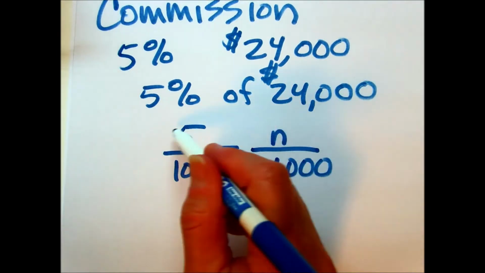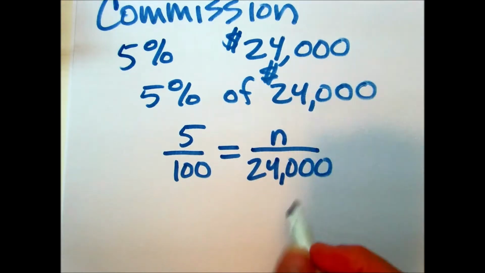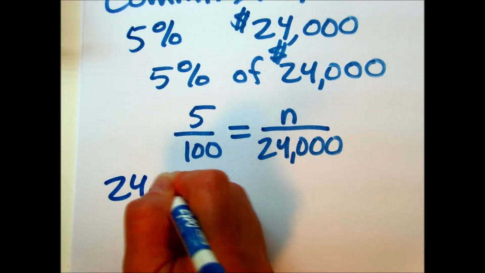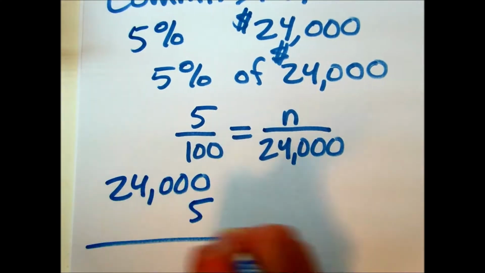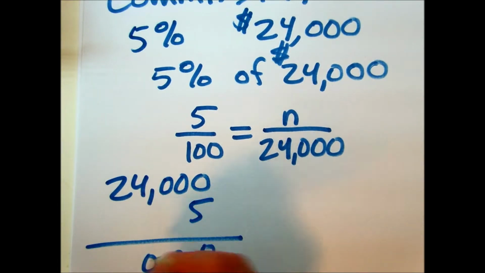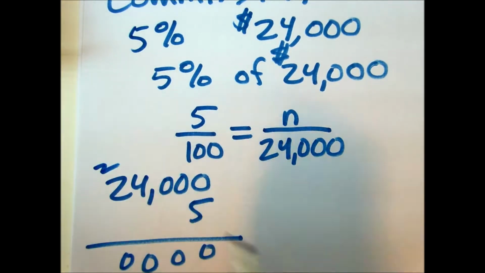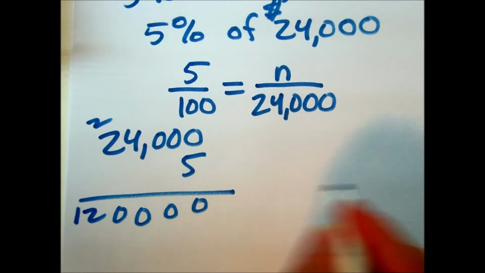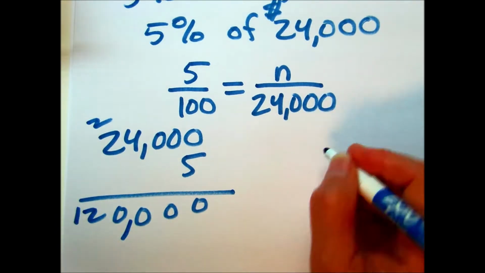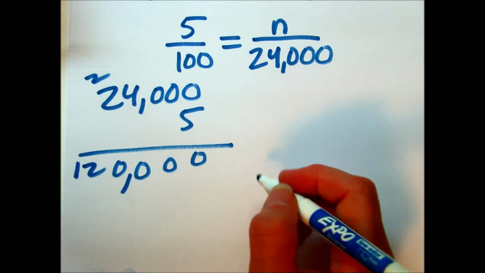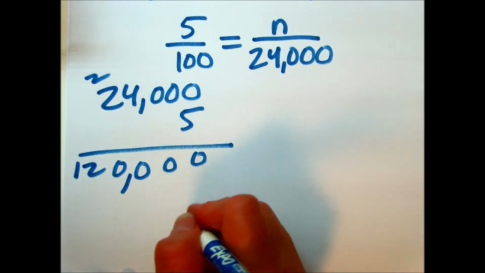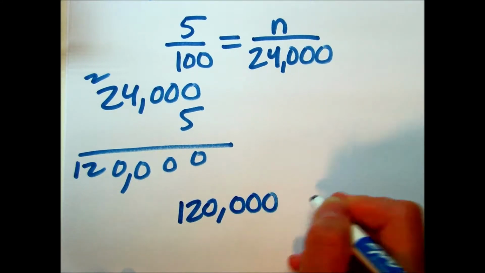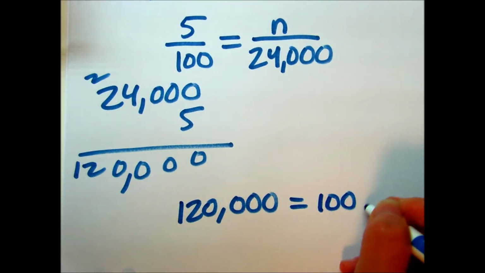In that case, you would cross multiply and then divide. So we'll go ahead and do that. 24,000 times 5 is going to be 120,000. So on one side we would have 120,000 equals 100 times n.